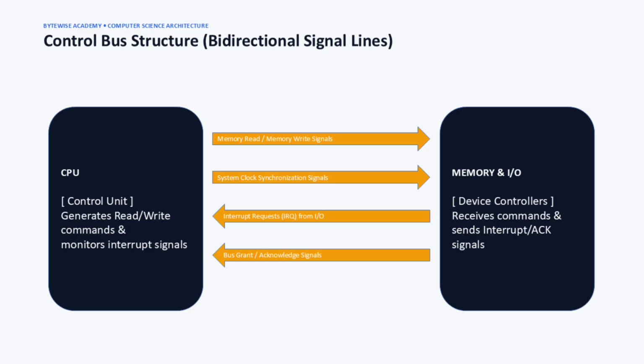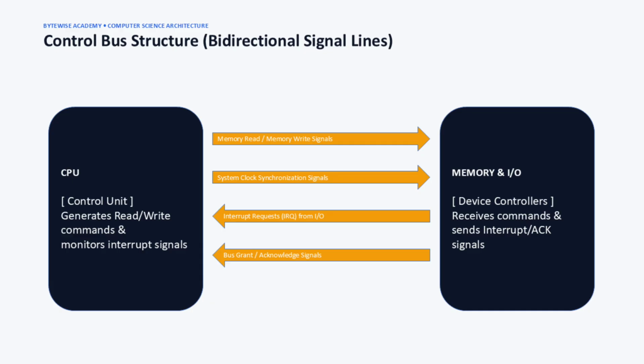Now, let's bring all these signals together and see how they move through the system. Inside the CPU, the control unit is responsible for generating many of the control signals we have just discussed.